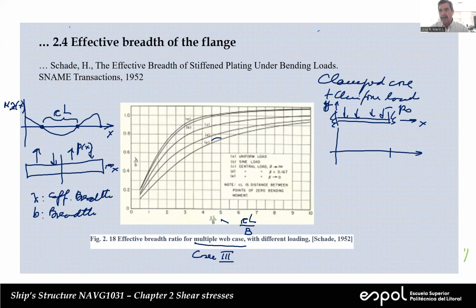Mr. Chinchin, boundary conditions for this case? The deflection is equal to 0 and the first derivative is equal to 0.